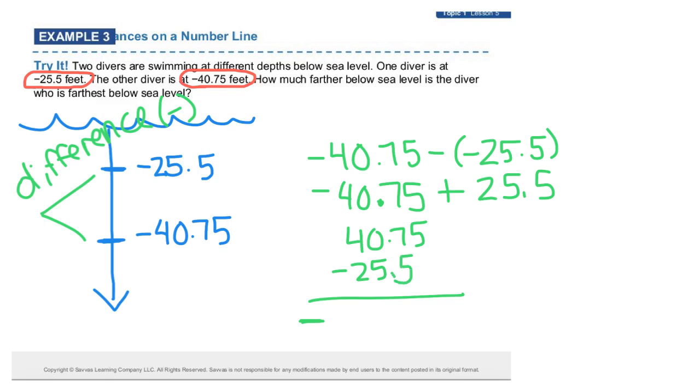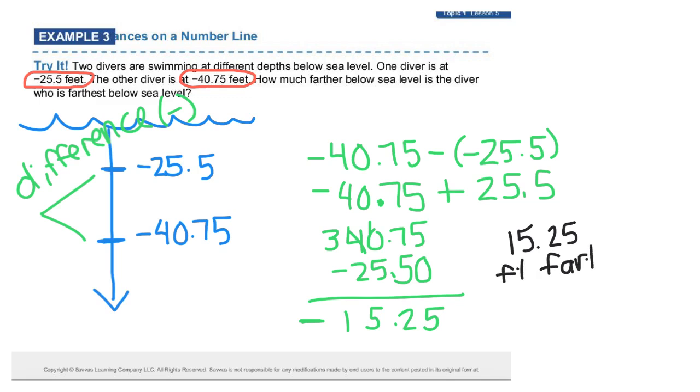If it bothers you that this doesn't have a 0, then put 1 in. 5 minus 0, 7 minus 5, borrow, 10 minus 5, and 3 minus 2. It looks like the other diver is, let me write it in a different color, 15 and 25 hundredths feet farther down.